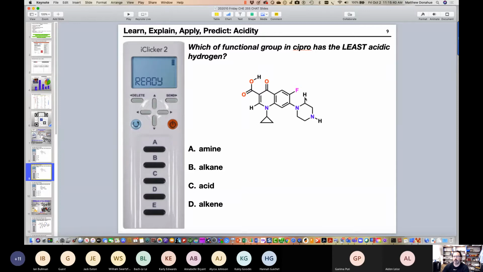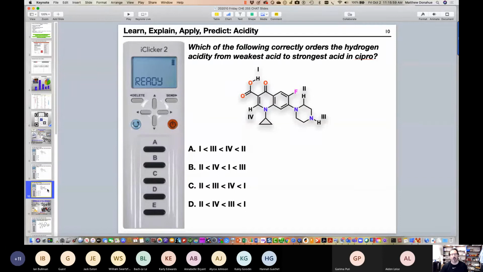If something is not very acidic, the hydrogen atom or proton, we use those terms interchangeably, you have to have a very strong base to remove this hydrogen. So again, that's the inverse in the acid-base thinking that we want to understand.